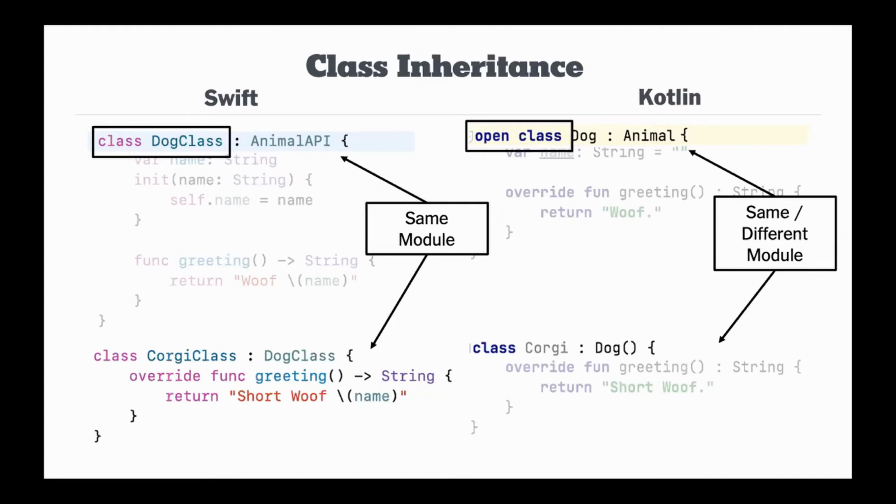In Swift, the only way to make a class not inheritable is to mark it as final, whereas in Kotlin, everything's default final, so the only way to inherit from a class is to mark it as open. However, if you're going to a different module, say I wanted to inherit from the dog class, and the dog class is in a library module, different from my app module, I must mark the dog class as open. And this follows the same paradigm as Kotlin.